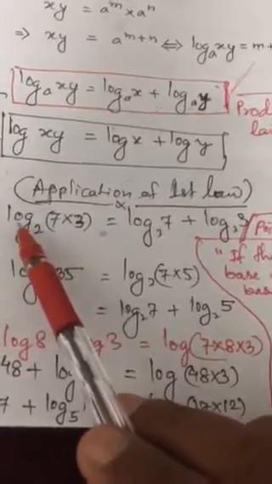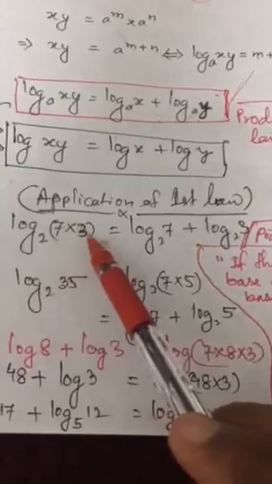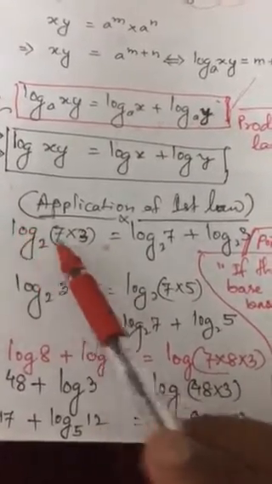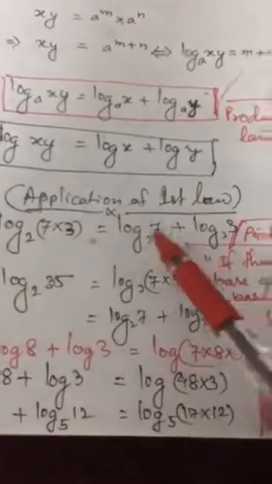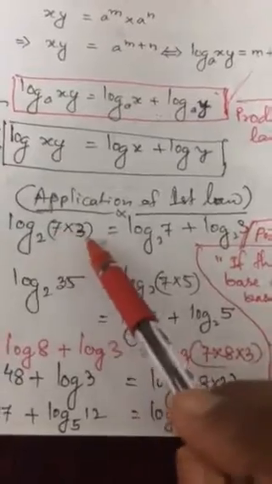Like you see here, log of 7 multiply 3 to the base 2 is log 7 to the base 2 plus log 3 to the base 2.